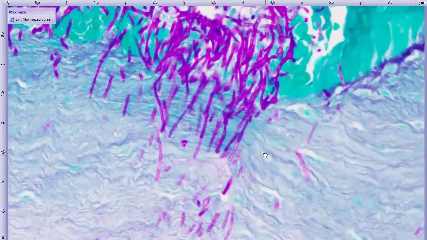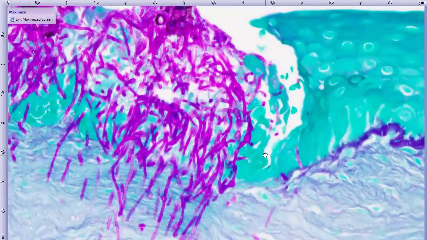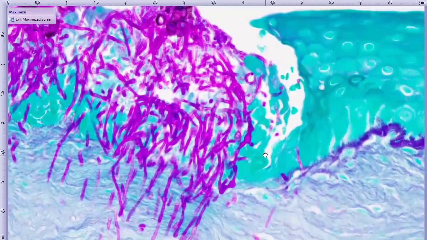We often get a lot of contamination results, and it also wouldn't give sensitivity. So definitely fungal culture and sensitivity would be the best way to try to identify these organisms.